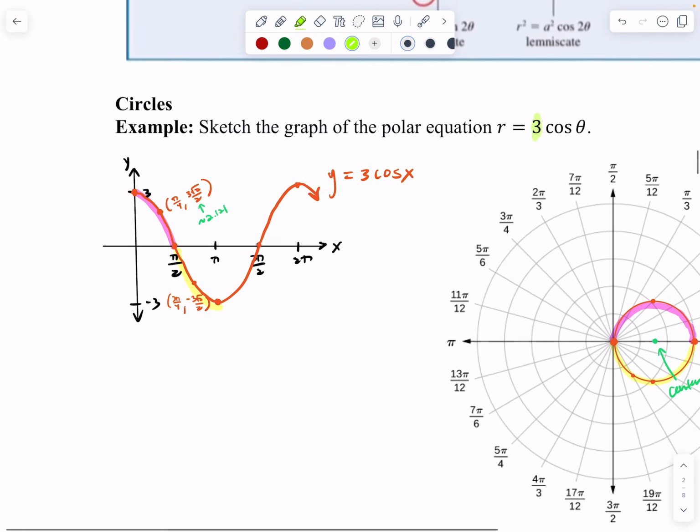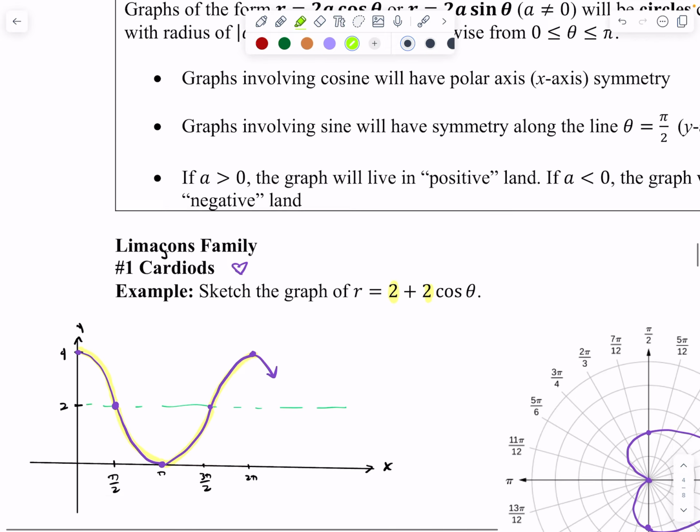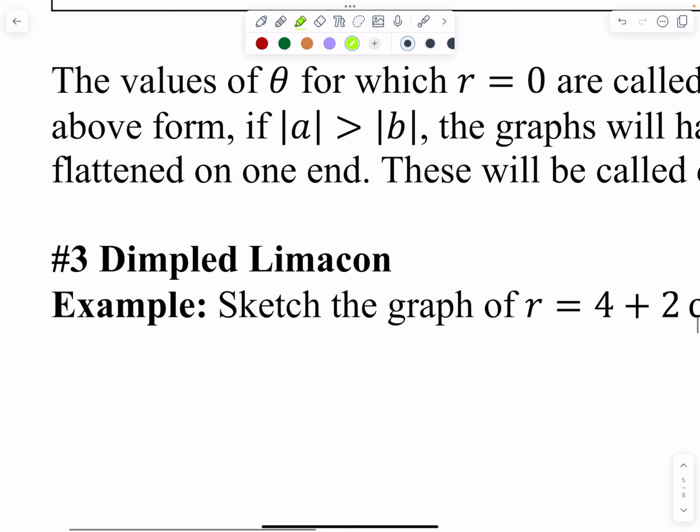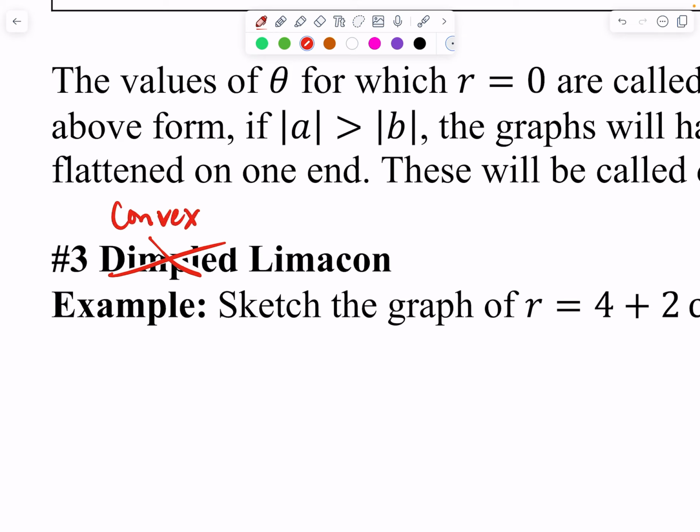And we'll see that because I actually have a typo here. And this next graph, I believe, is actually a convex limaçon. Here, I can fix this. A convex limaçon. So it'll just kind of have a flattened side.